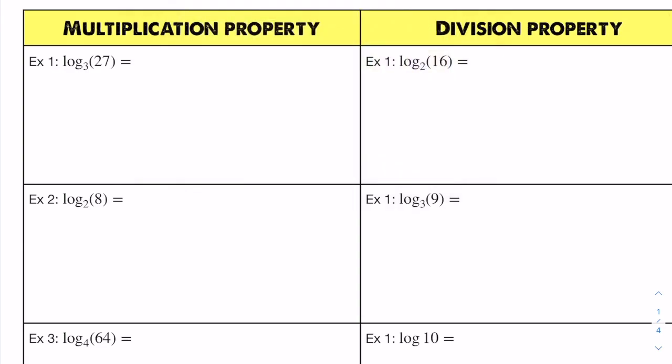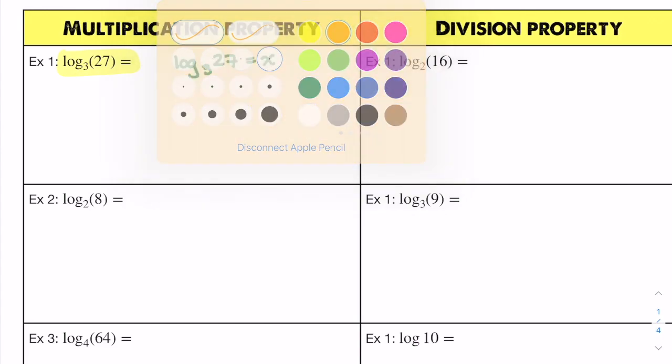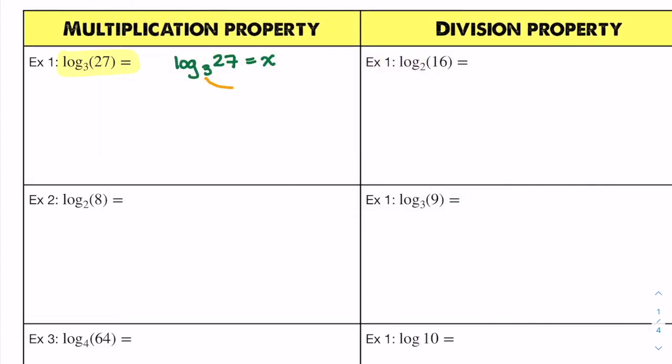So this is the log that we're looking at, log base 3 of 27. One thing I want you to realize is we could actually solve this log right now. If you remember from last time, all this is asking is, if I took 3 to what power would I get 27?